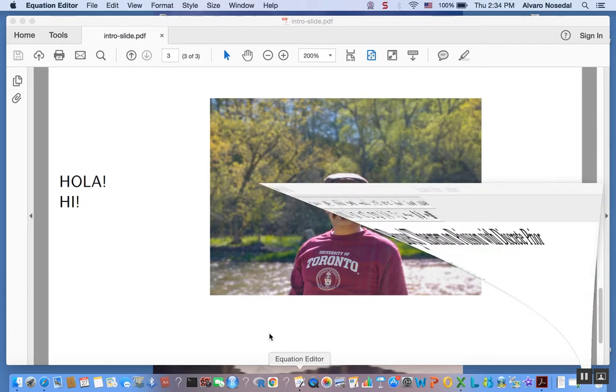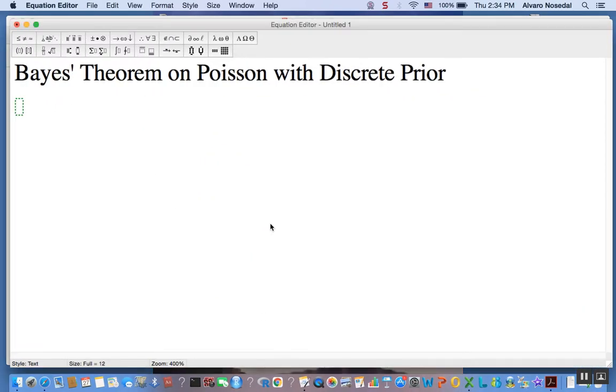So, what we're going to be doing here is illustrating the procedure to analyze data. To be more precise, in this example, we will consider that we have a single observation coming from a Poisson likelihood, okay?